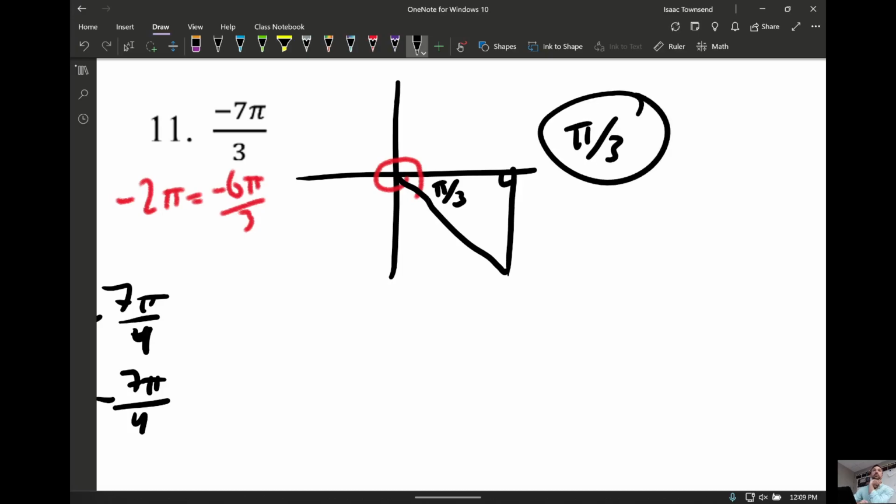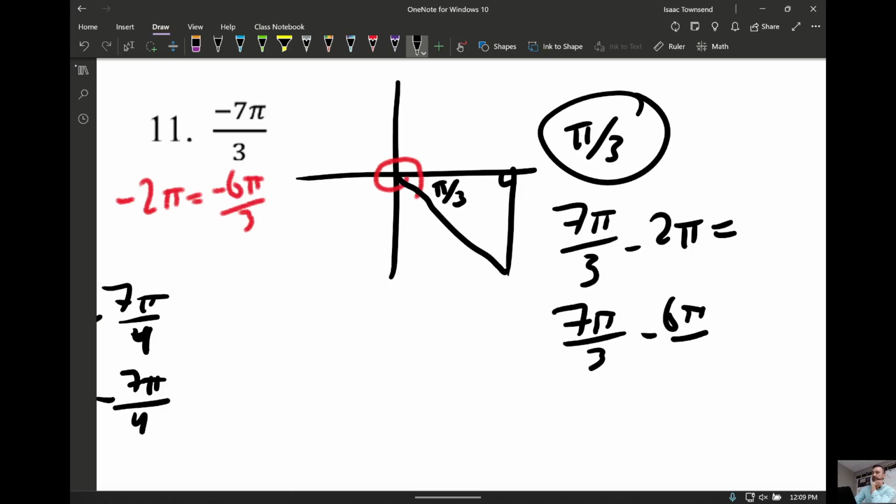That's what you should be aiming for there. Or you could say that angle turned this much, and this much of it was not the reference angle. And that would be the arithmetic way to get to that.